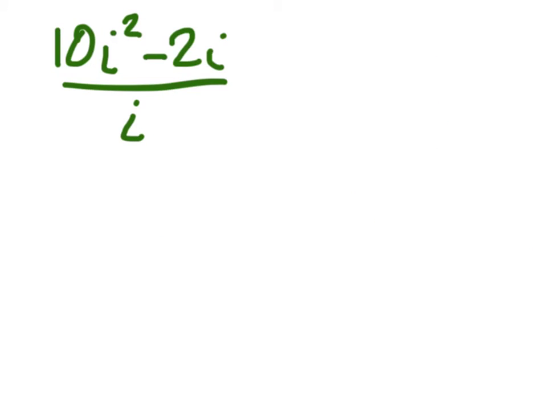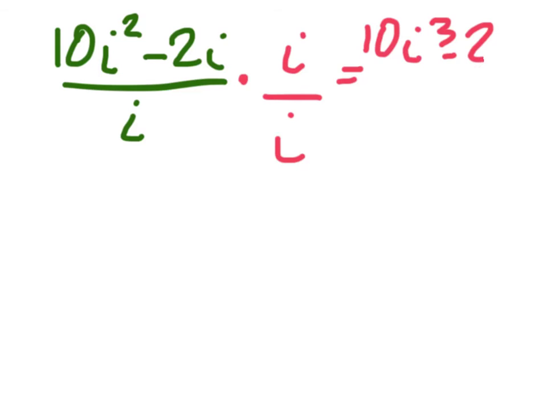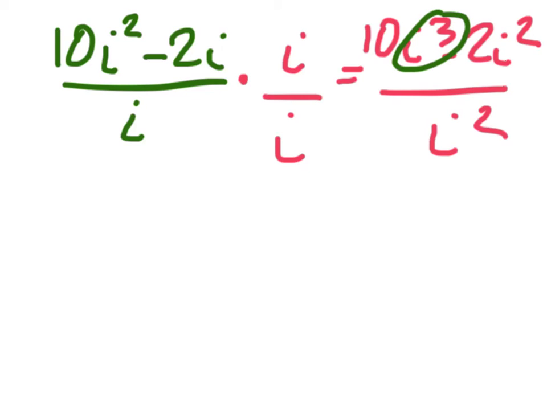Try this one and bring it up. On the practice problem, I'm going to multiply the top and the bottom by i and come up with 10i to the third minus 2i squared over i squared. i to the third is negative i, so that gives me a negative 10i.